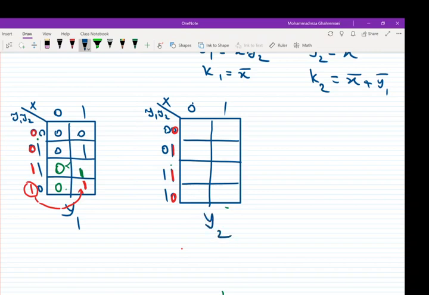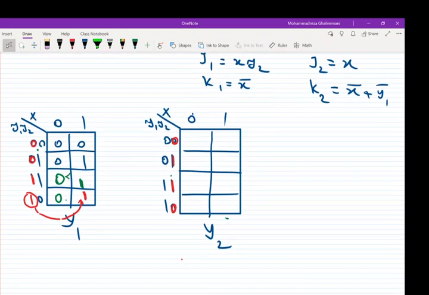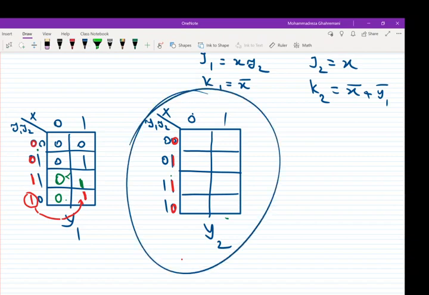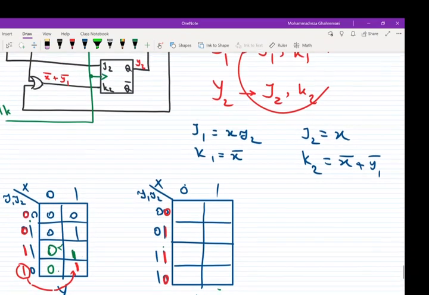And we know that j2 is x and k2 is x bar plus y1 bar. If we repeat the same calculations we did for state table 1, I recommend you pause the video and try to fill this entire table and then play the video and compare your solutions with my solution.